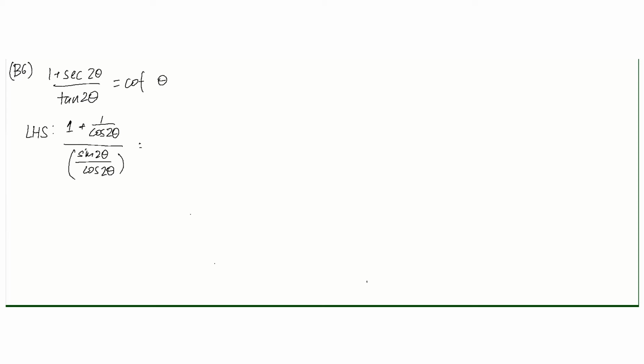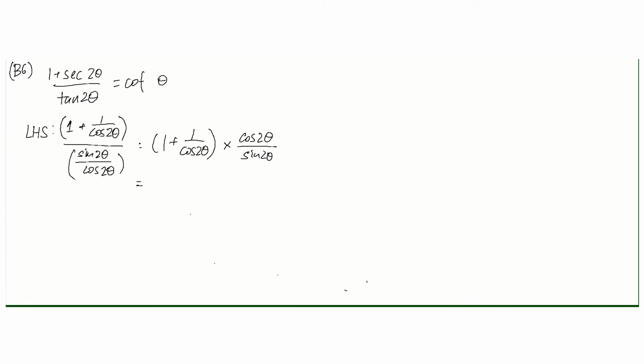Okay, so if I have to further simplify, this whole chunk in the numerator is multiplied by, we flip the denominator, cosine 2 theta over sine 2 theta.